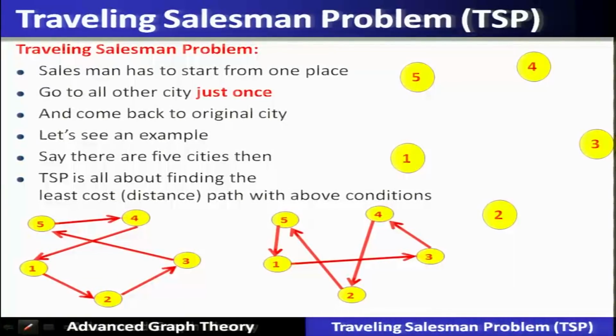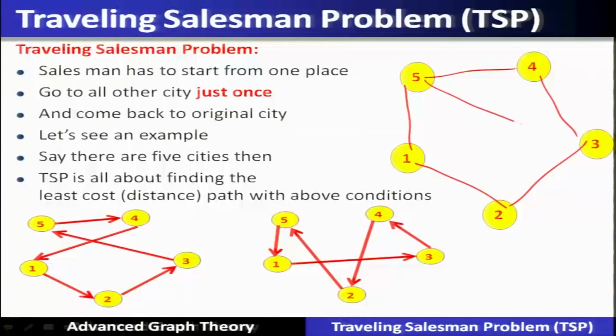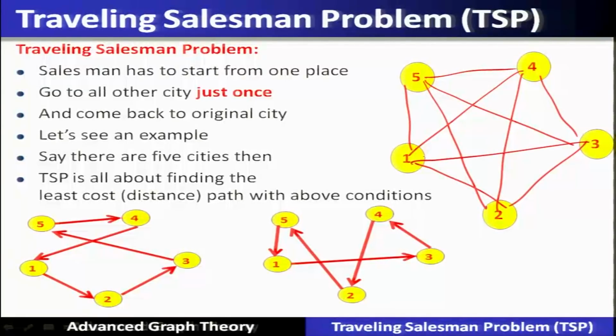We can draw a complete graph on 5 different nodes. So, let us say that this is K5.